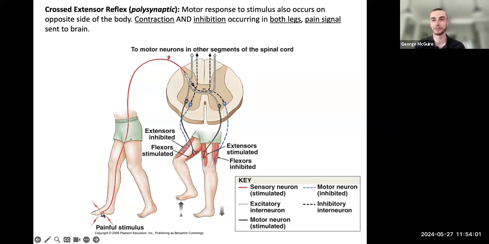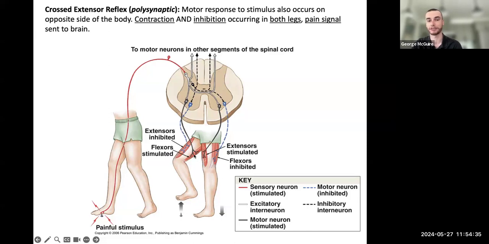So we had this painful stimulus sensed by the sole of this right foot. That receptor stimulated the sensory neuron, which is going to synapse with this interneuron, which has an extensive polysynaptic pathway with other interneurons, so that we can have that antagonistic control of the leg that was already experiencing damage, so of the leg with the receptor, and antagonistic control of the opposite leg, again, to keep us standing.